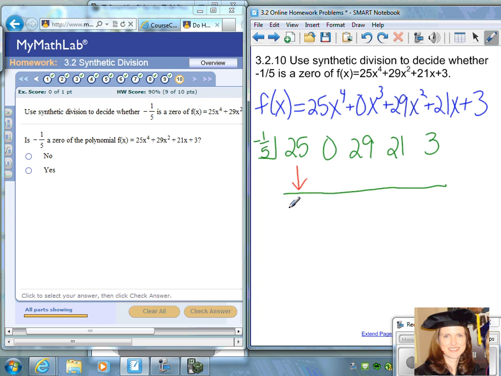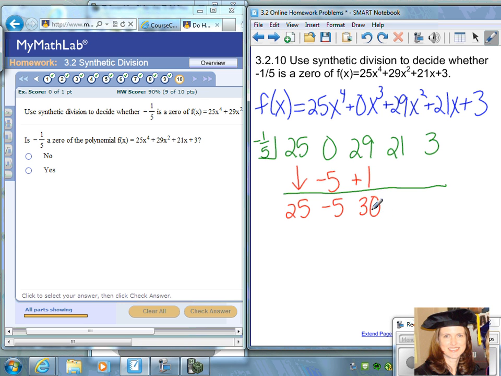Bring down the first coefficient and multiply 25 times negative 1 over 5. 25 times negative 1 over 5 is going to be negative 5. 0 and negative 5 is negative 5. Negative 5 times negative 1 over 5 is a positive 1. 29 and a positive 1 is 30.